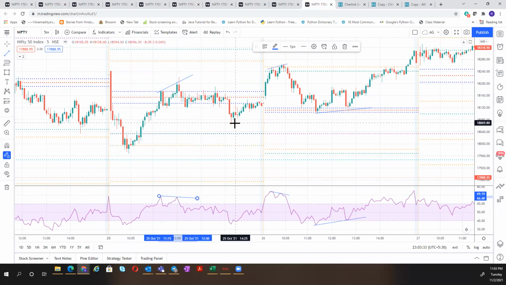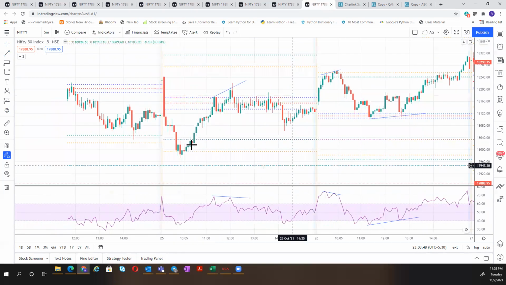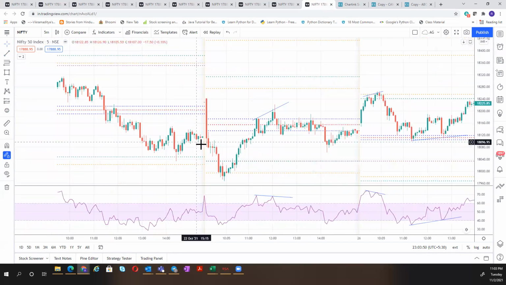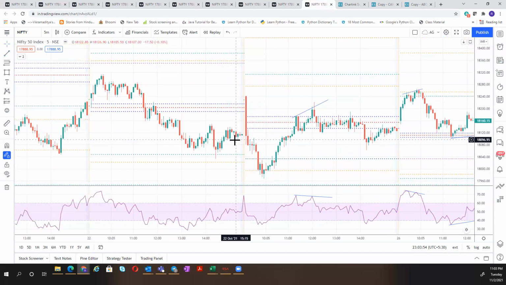Even if they stand at the same level, I consider it as divergence because the RSI is not following the price. Where else can I show you? This way, you can identify the market moves very clearly along with pivots and make a lot of money.